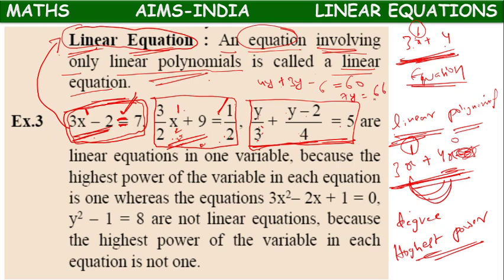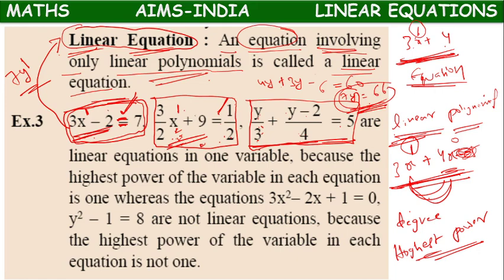What is the highest power in 7y? 1 only. So it's a linear polynomial. With 7y = 66, it's a linear equation.